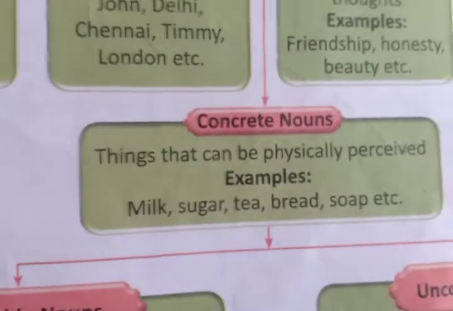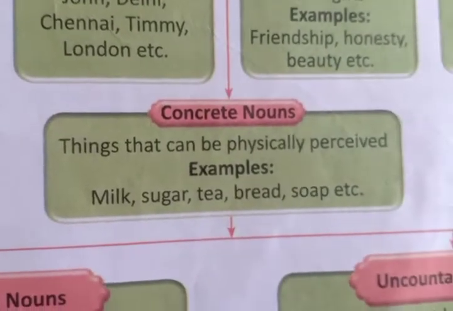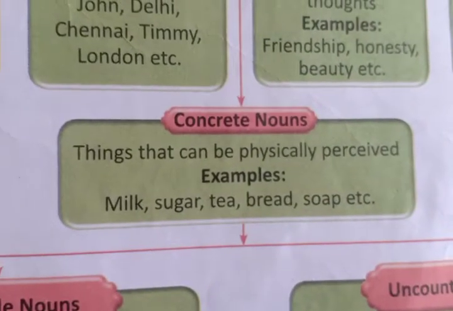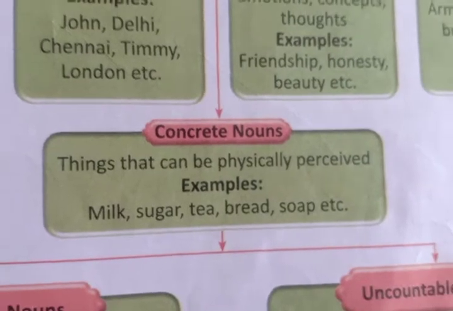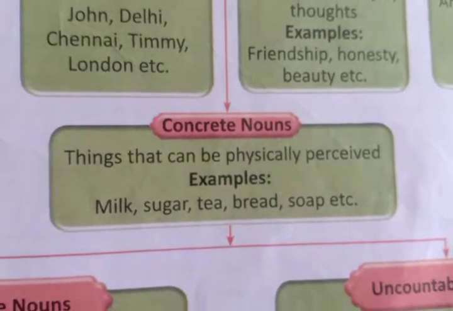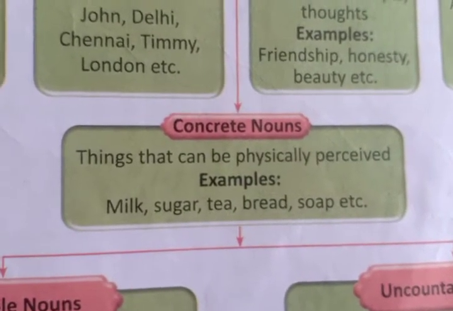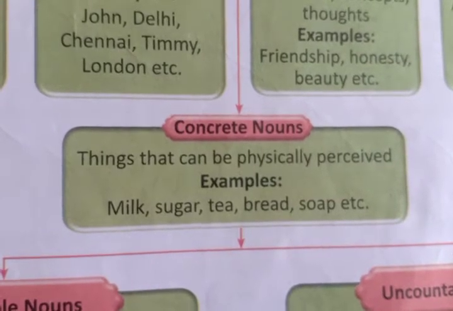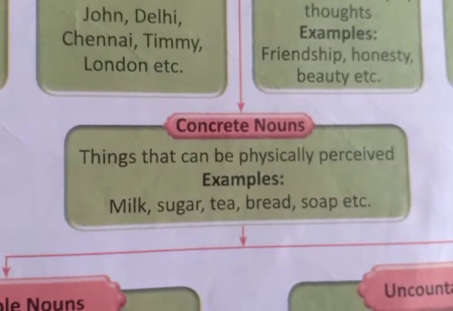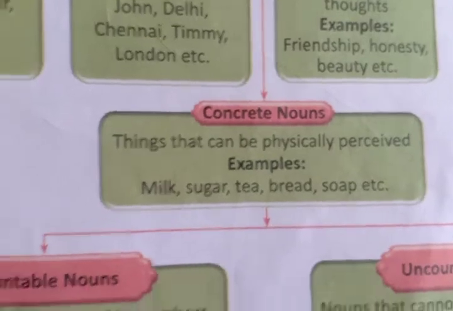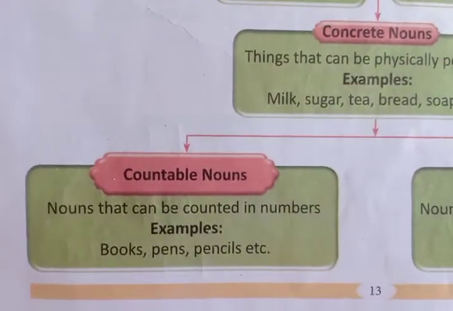Next, concrete nouns. What are these? Things that can be physically perceived. We can see physically. We can touch, we can see. For example, milk, sugar, tea, bread, soap, etc. There are so many.